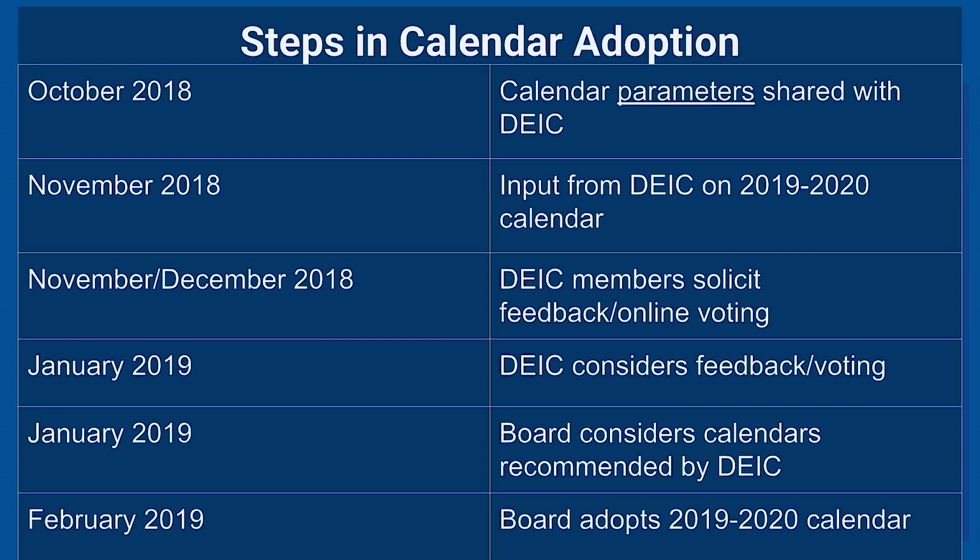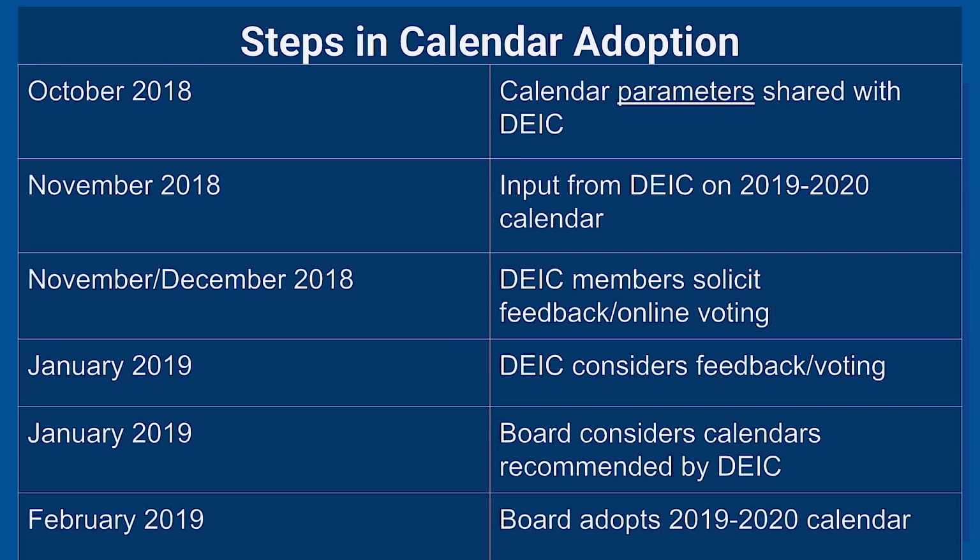We would post those calendars after DEIC meets to get feedback from the community, and educators on the DEIC committee will take those to campuses and get input from the stakeholders at the campus level as well.